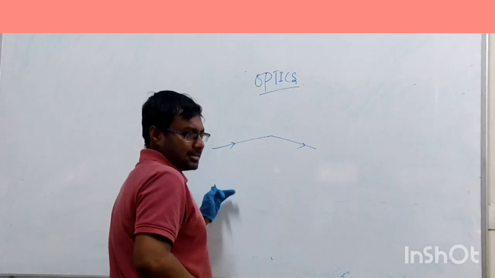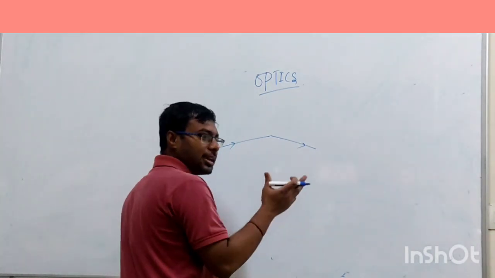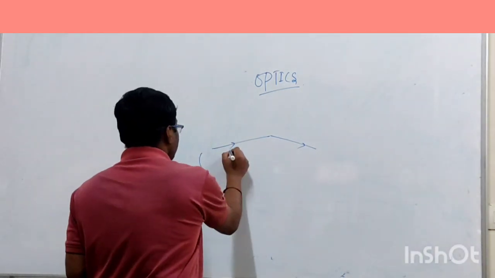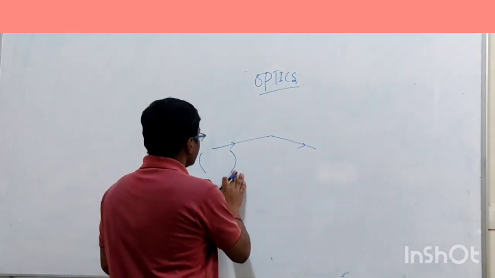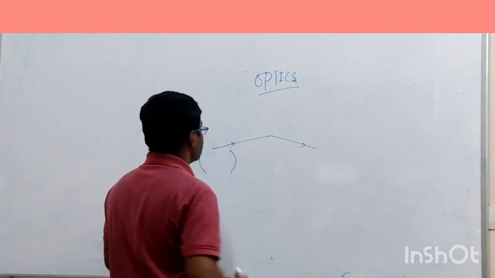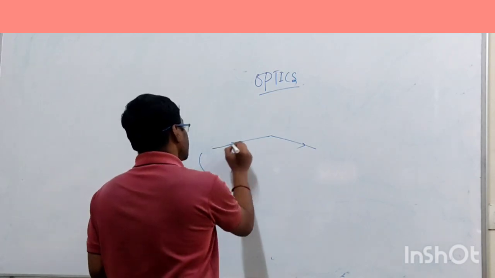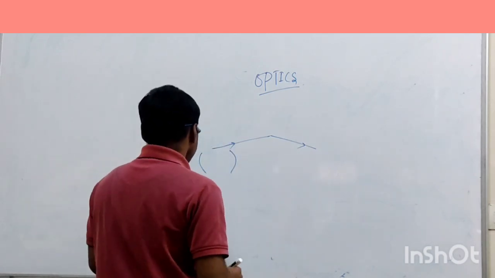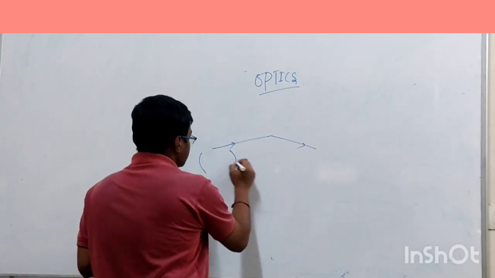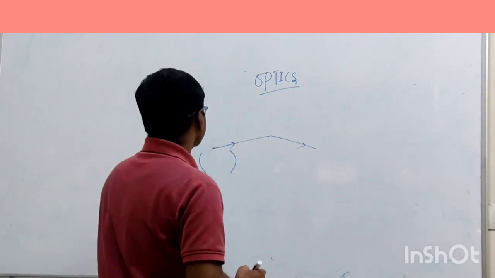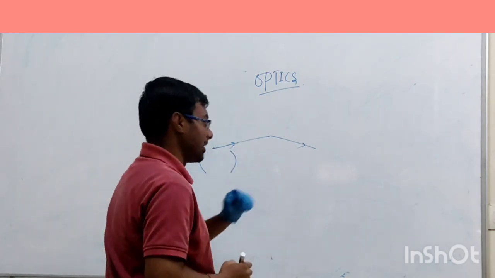As it happens within a plane, two coordinates are sufficient to represent the point of an optical path. So what will be the point? One will be the position of a particular point of a ray.